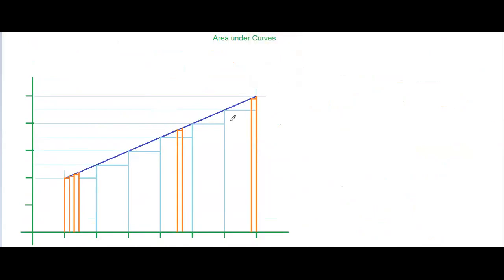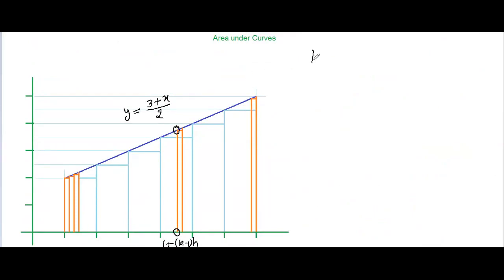So what we are calculating, the coordinates of this very point, y has been found to be 3 plus x coordinate divided by 2, and x coordinate we have taken equal to 1 plus k minus 1 times h. So this height of the rectangle y can be found by this formula.